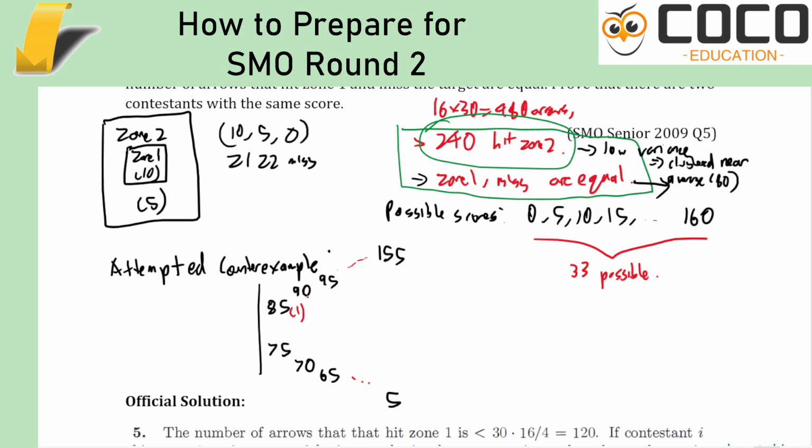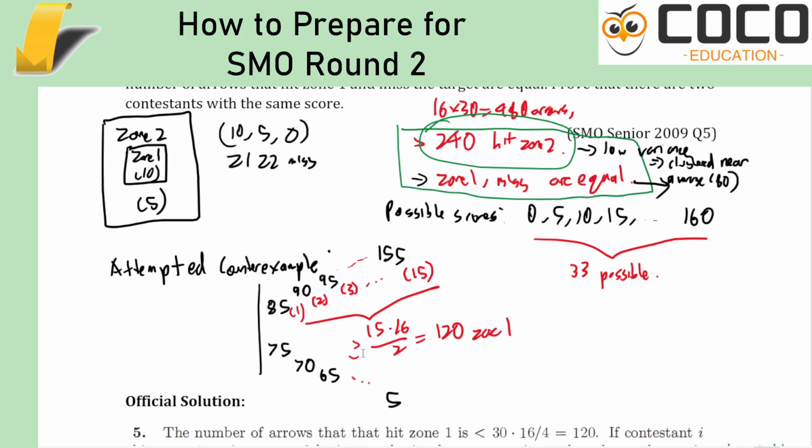And in fact, every time when you want to get one step further away from the average, you need one more good arrow, or for the bottom half, one more bad arrow. So this is how many good arrows you need. And the sum of these is 120 zone 1. That's the problem, isn't it?